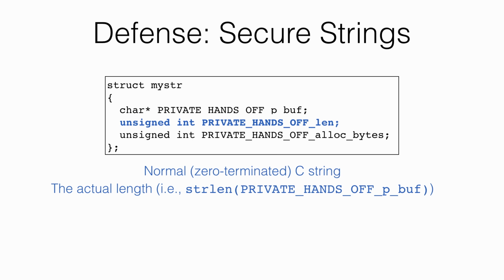That is, it's what you would get if you'd called strlen, and the first element is well defined. That is, it actually has a zero terminator. The third is the size of the buffer that was returned by malloc. Now, of course, the length of the string might be far less than the length of the overall buffer, and so we need to track both of those, particularly when we consider being able to concatenate strings together.